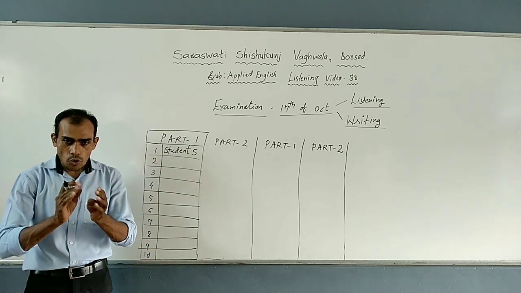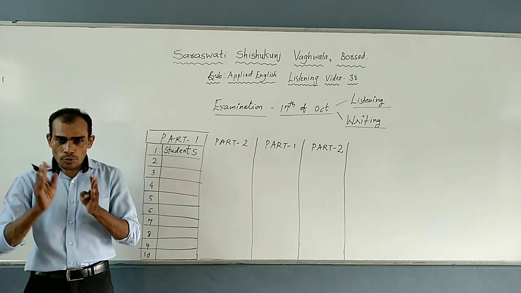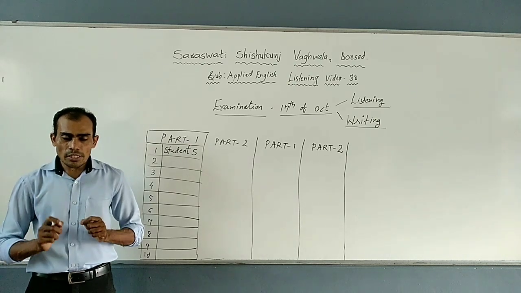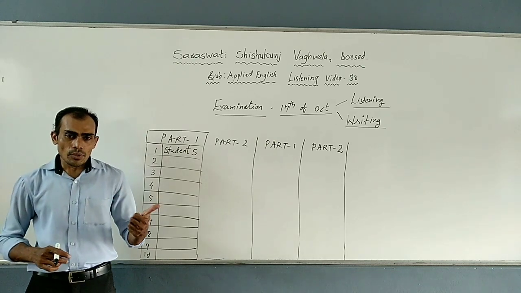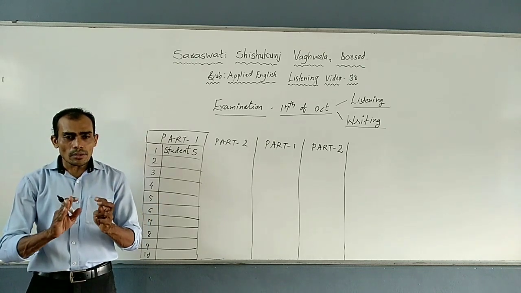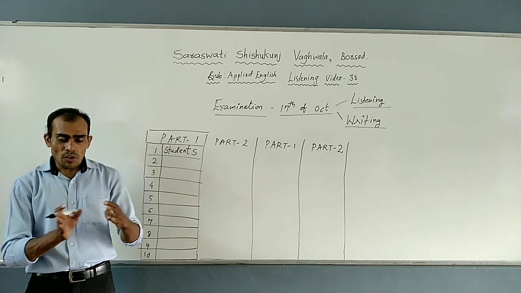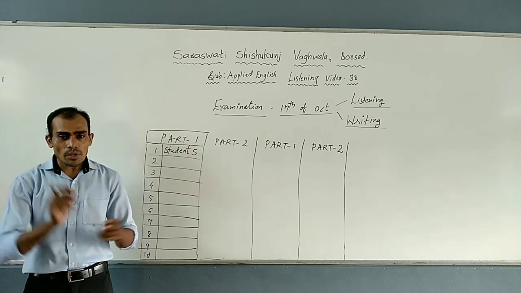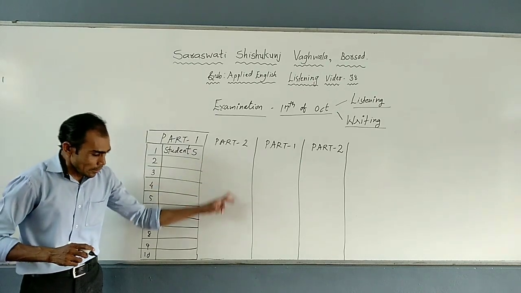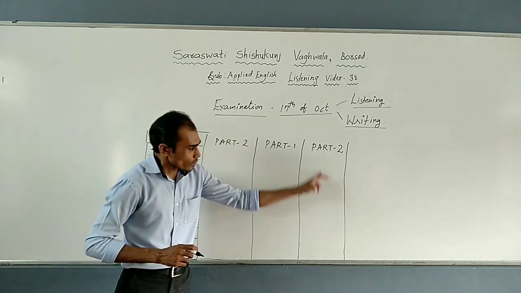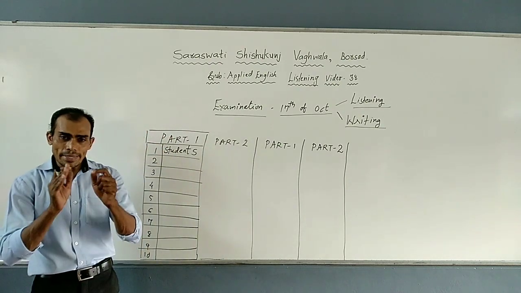Take a print of the format. When you start listening, you need to write your answers on the rough page. And when you get time, okay, you can write your answers legibly, very clean and neatly on the format. Okay. So in each part, students, you are going to have a total of 10 questions.